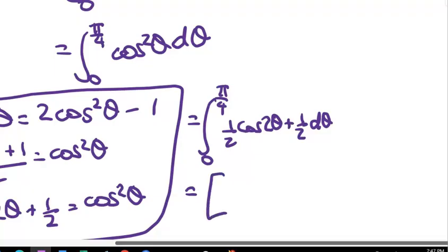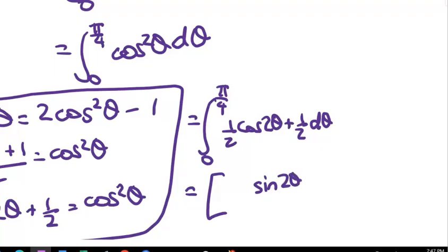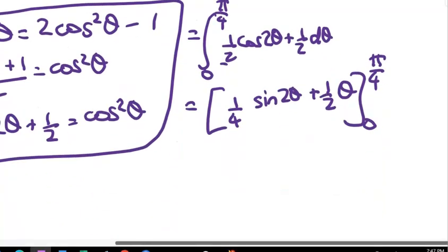Right, integrating this, let's leave a gap for the coefficient. Well, sine differentiates to cosine, so it will be sine of 2 theta. I've got my half, but I need another half, so it's times a quarter, plus a half theta, evaluated at these limits.